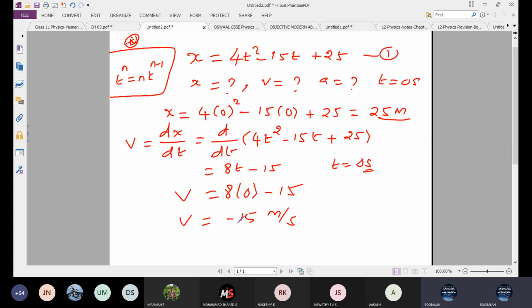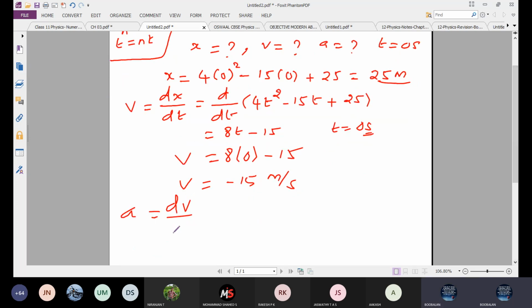Next condition, acceleration. So acceleration a is equal to dv divided by dt. What is the v value? This is the v value: 8t minus 15.